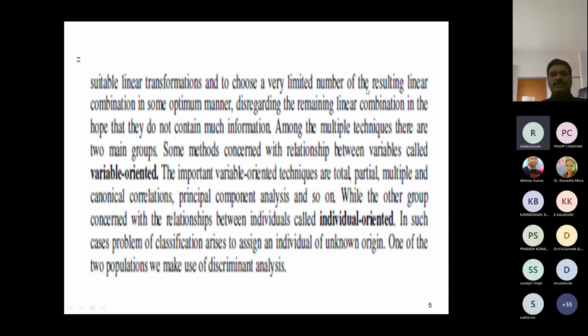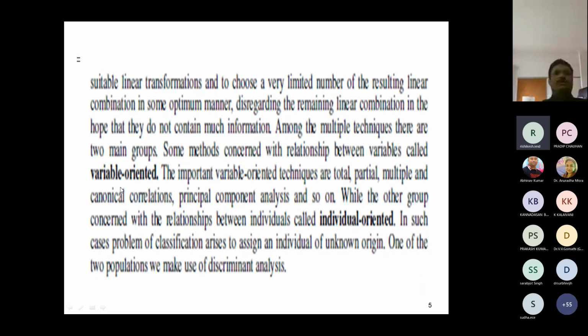Among the multivariate techniques, there are two main groups. Methods concerned with the relationship between variables are called variable oriented, and the important variable oriented techniques are total, partial, multiple, and canonical correlations, principal component analysis, and so on.